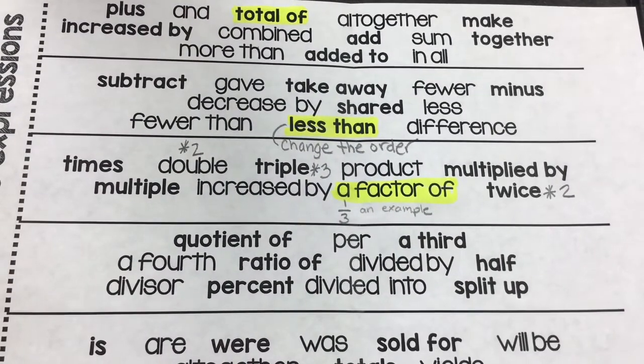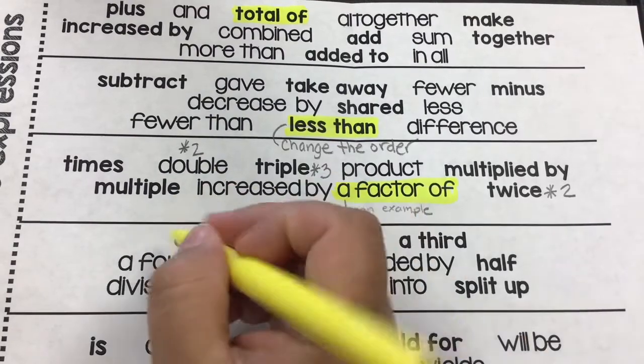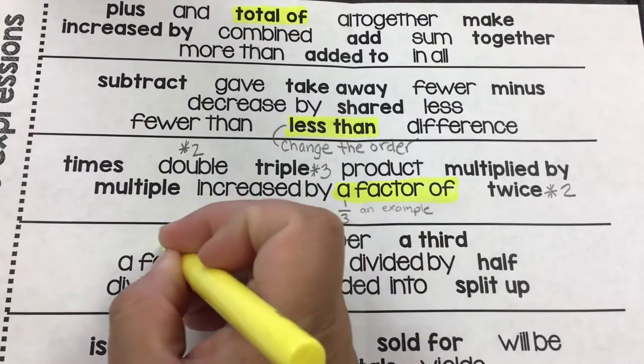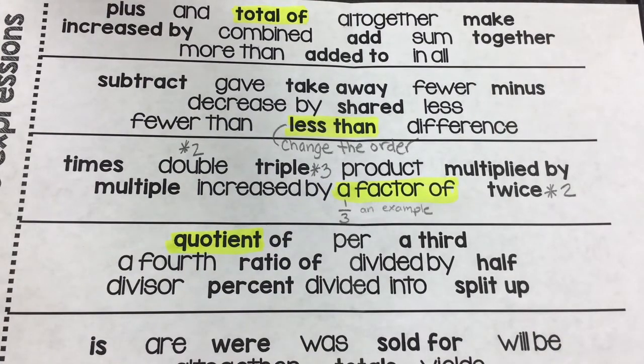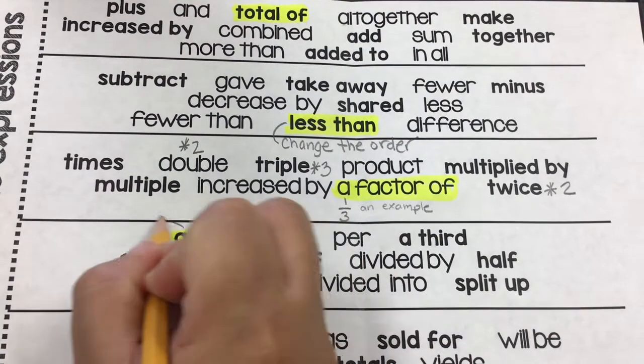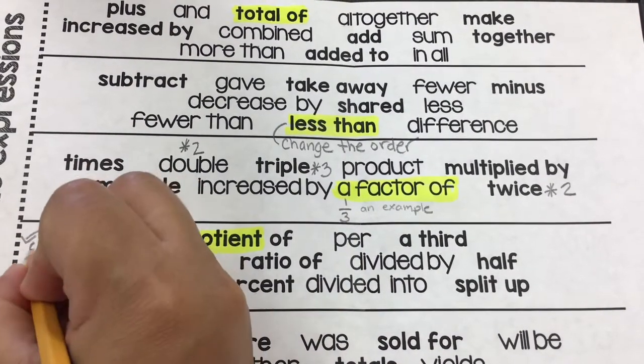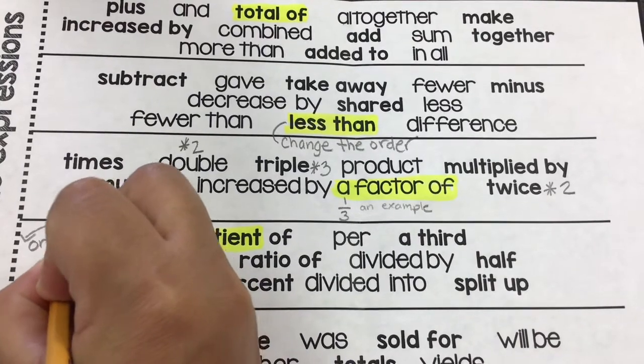Next one, division. On division, we're going to multiply this quotient. Especially for multiplication, it means the same thing when you do 3 times 4 and 4 times 3. It doesn't change the value that you're going to get. But in division, the order matters. So I'm going to put a little arrow this way and say order matters.